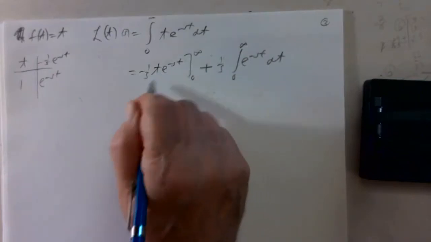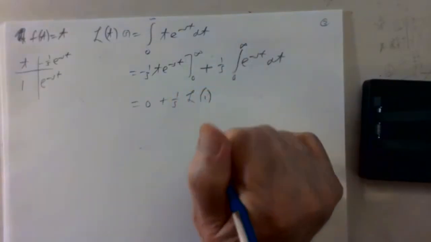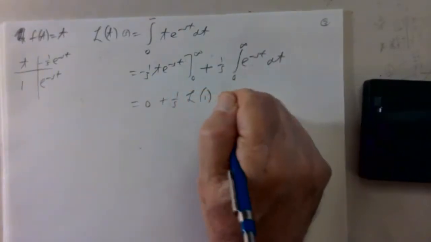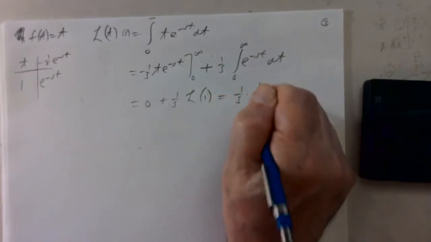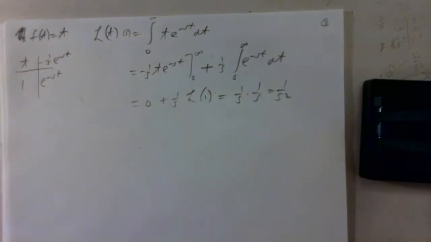This is 0 plus 1 over s, the Laplace transform of 1, which is 1 over s. So we get 1 over s squared.